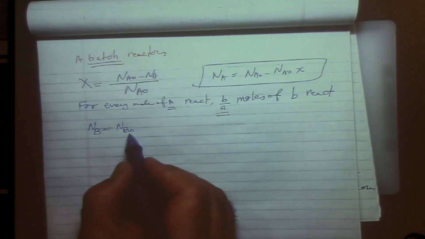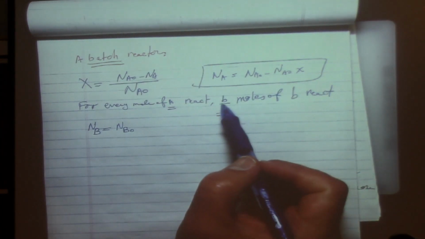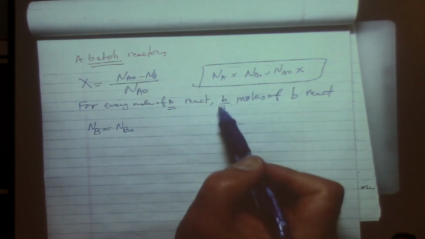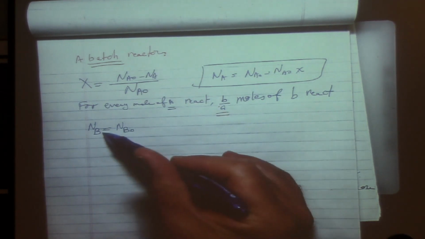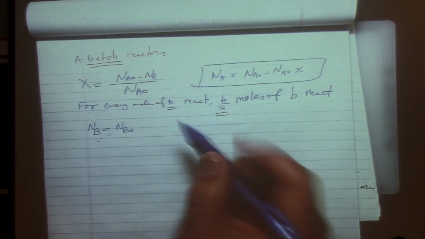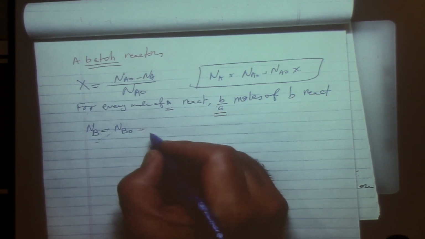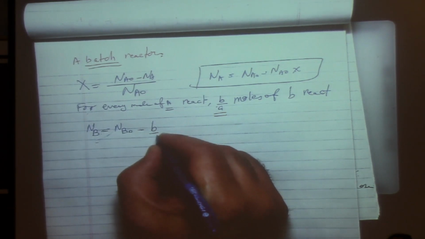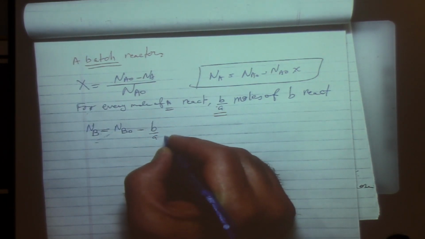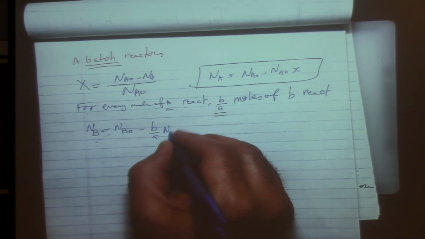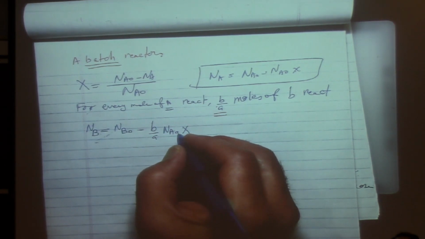So if you are using 1 mole of A, b/a moles of B are used, so what would be the NB? NB0 minus b/a times NA0 times X, right?